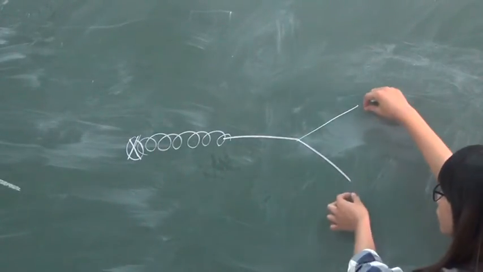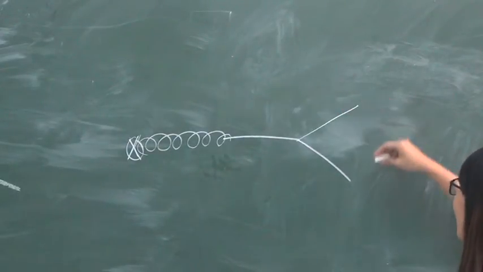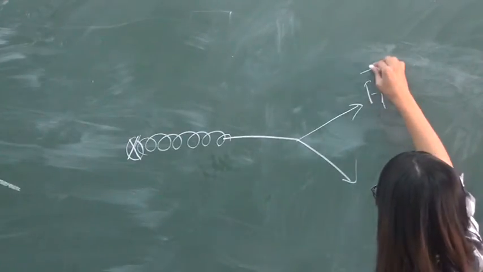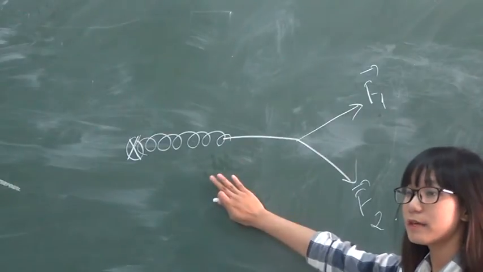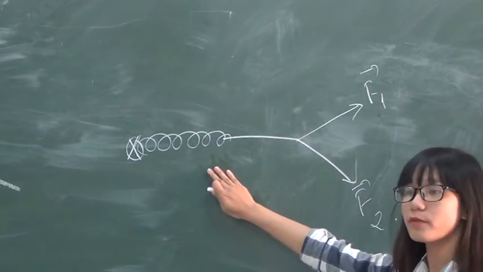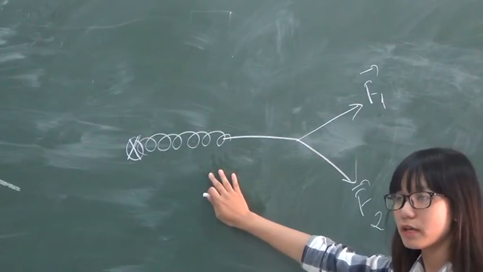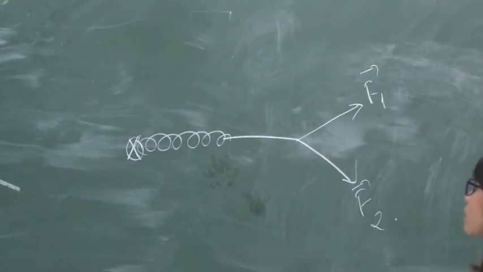If I pull both ends of this string, actually I'm just applying two forces, F1 and F2, on these two ends. So the effect that I mentioned before, the effect on this spring, is that it will be deformed, right?